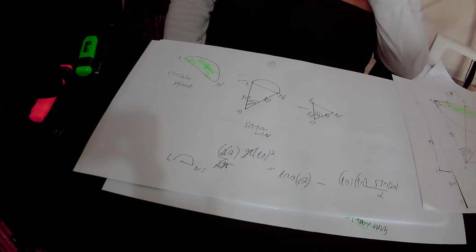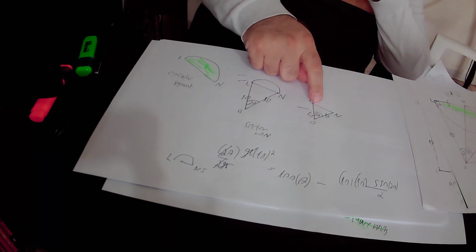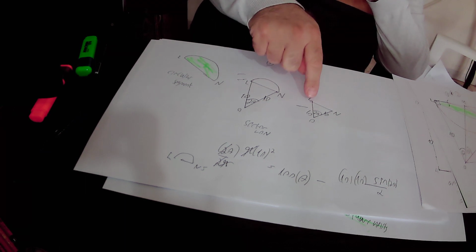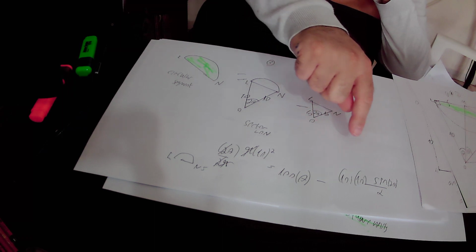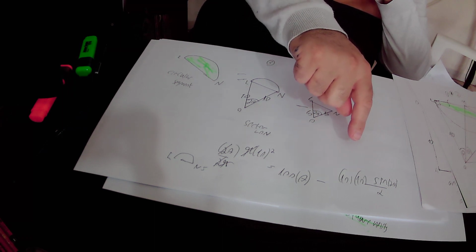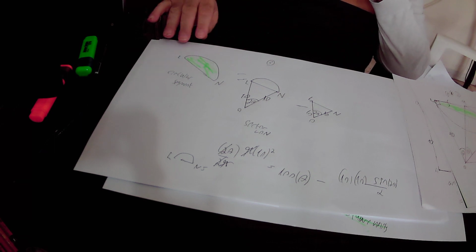The area of triangle LON equals the product of the two sides times the sine of the angle between the two sides, over 2. So it is 10 times 10 times sine 2 theta, the angle between the two sides, over 2. Okay?